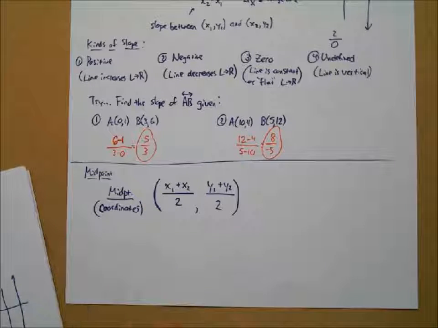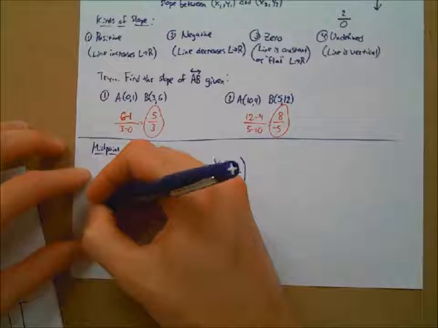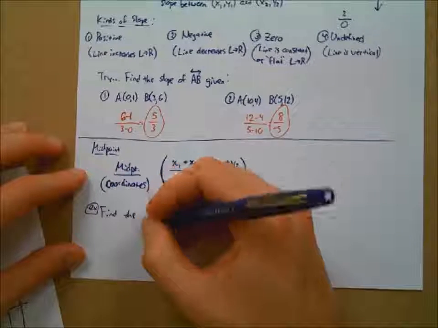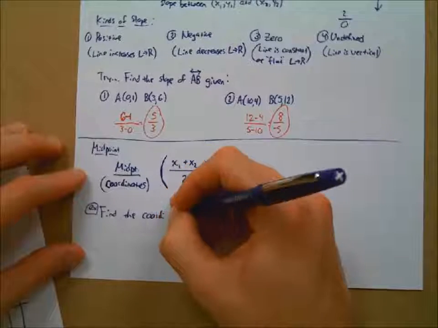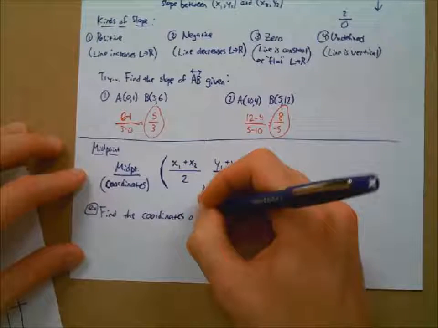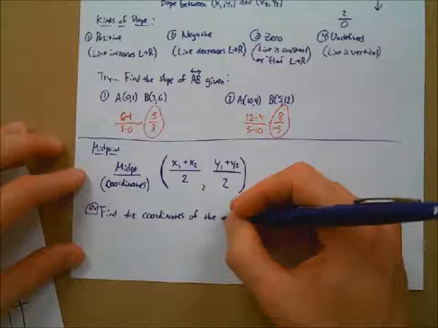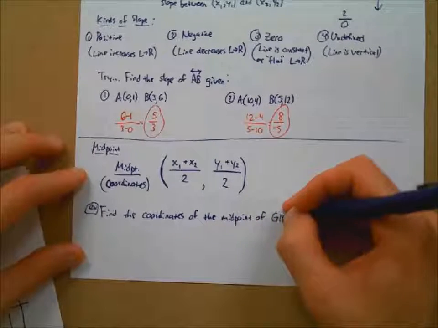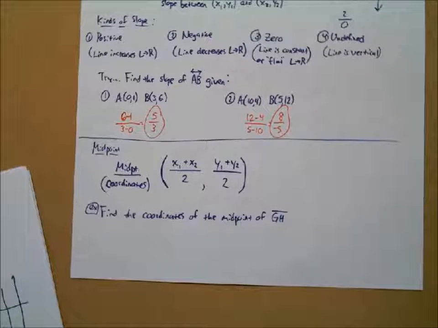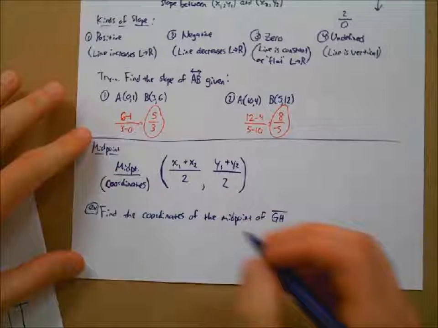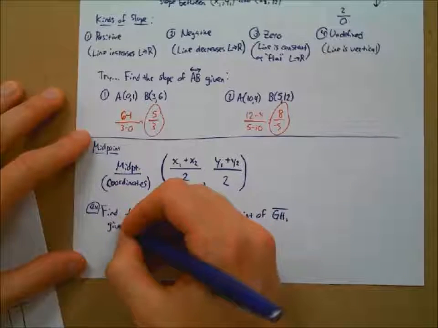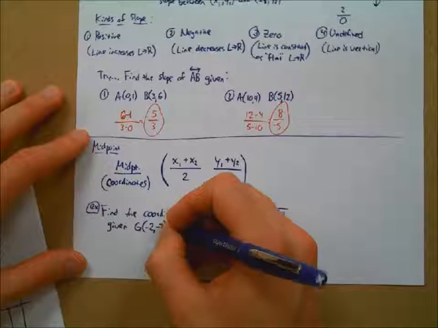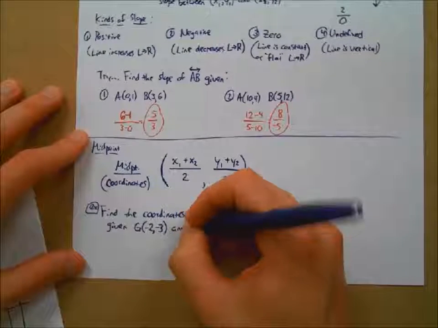Let's say we want to find the coordinates of the midpoint of segment GH, given G is at coordinates -2, -3, and H is at coordinates 2, -1.